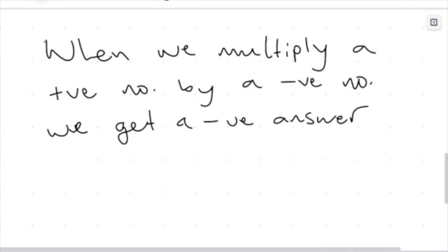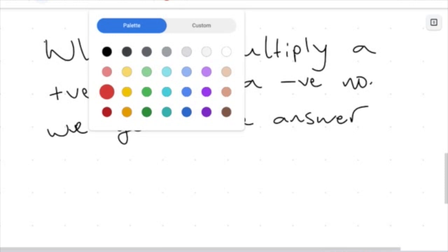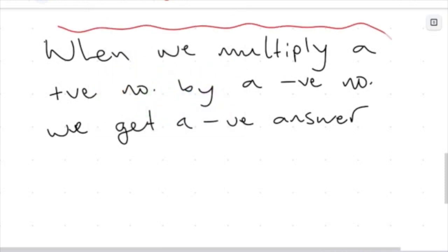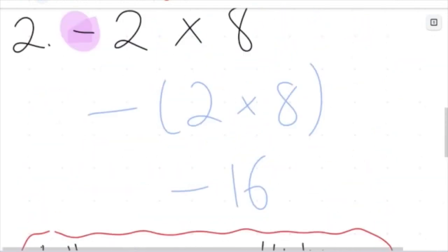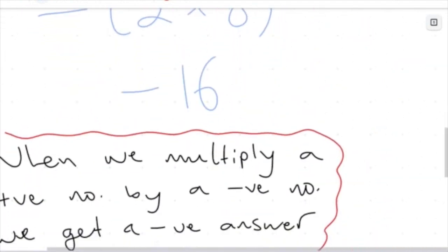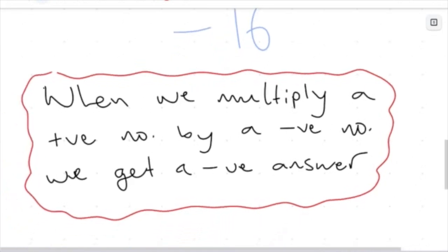We get a negative number as our answer. So this is a pretty important observation we've come to look at. So in both of these cases, any time, and as well as any other time, we multiply a positive number by a negative number, we're going to get a negative solution here.